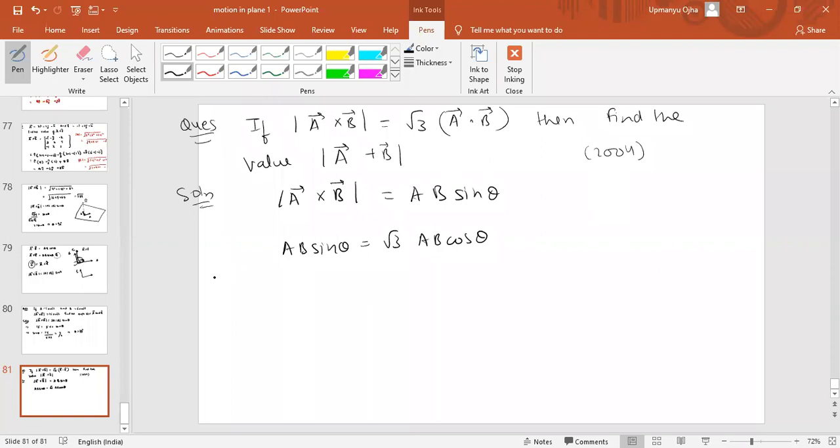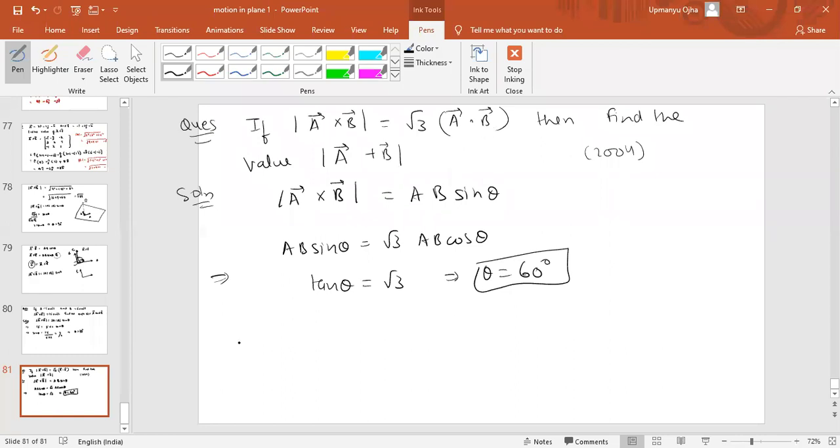Okay. So I think AB get cancelled out. We get tan theta equal to root 3, means theta equal to 60 degree. So we found the angle between A and B. So angle between A and B is 60 degree.